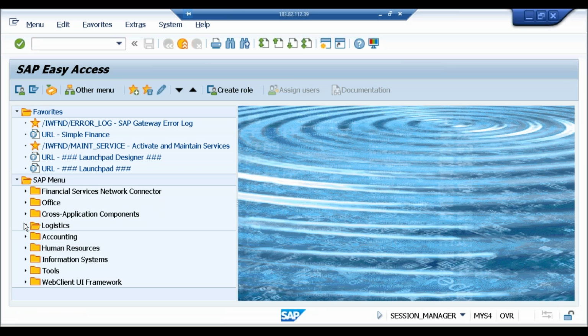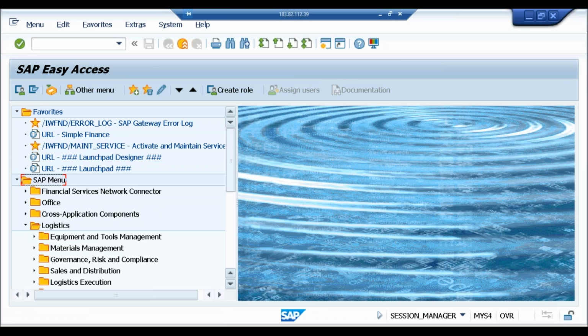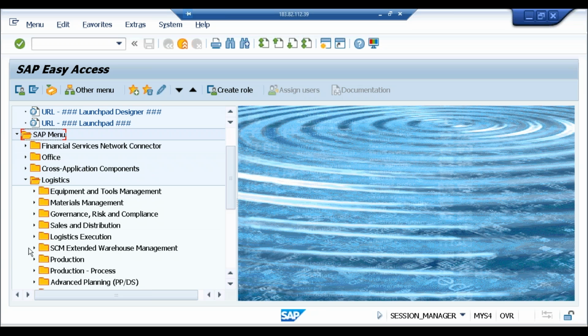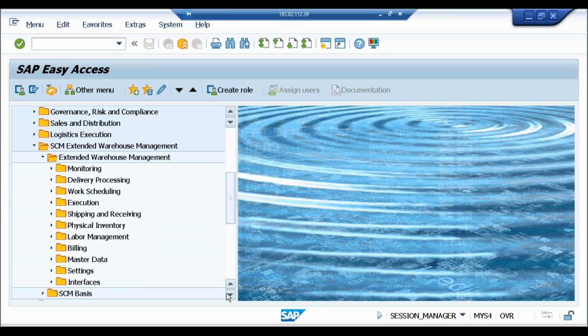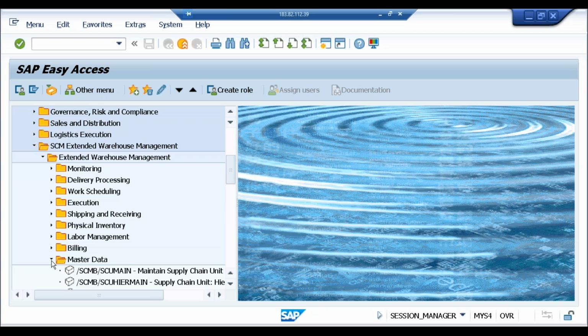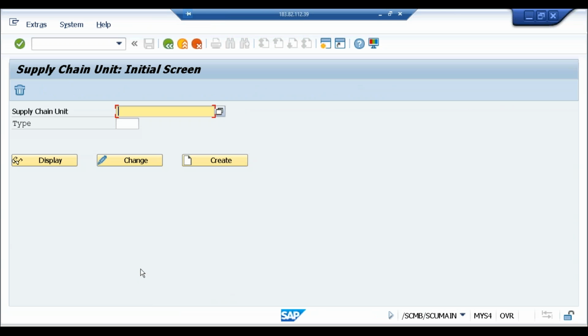The easy access path is Logistics, Extended Warehouse Management, Master Data. Here we have the sub-node Maintain Supply Chain Unit, and /SCMB/SUMAIN is the supply chain unit.